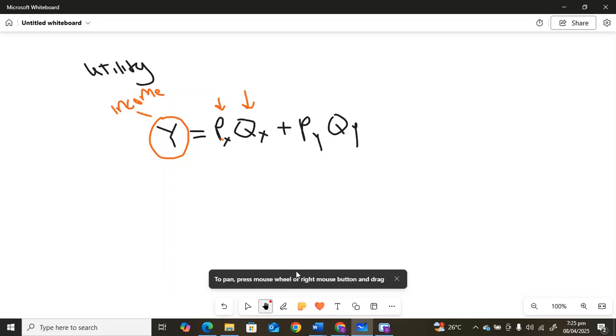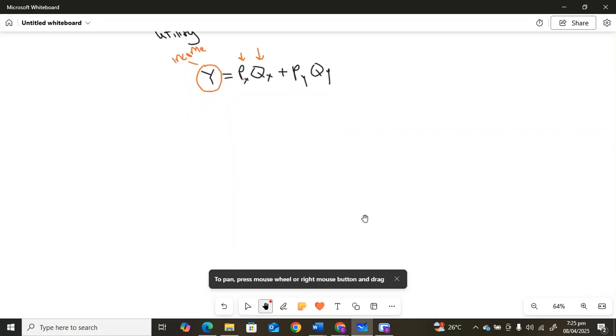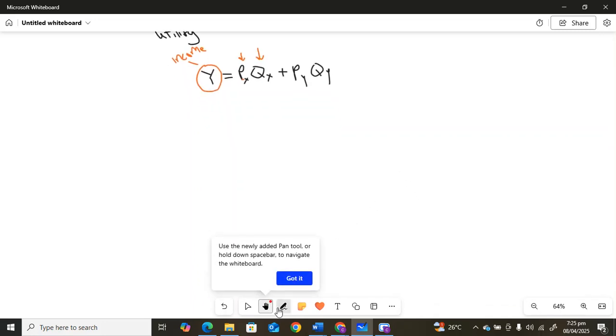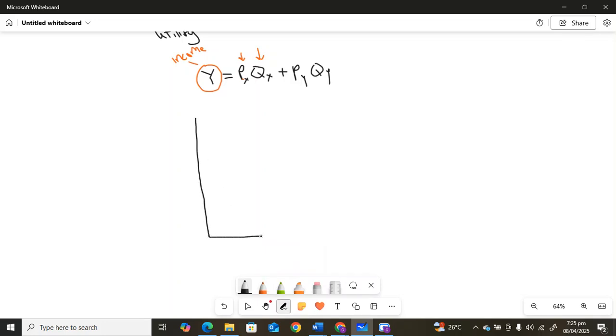And when we graph it, this is how it's going to look. We have good y on our y-axis and good x on our x-axis.